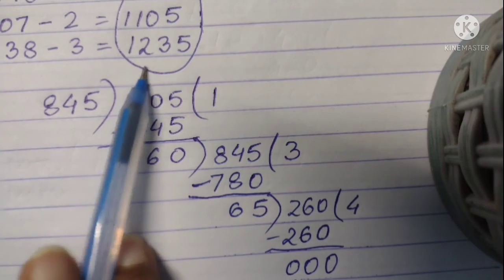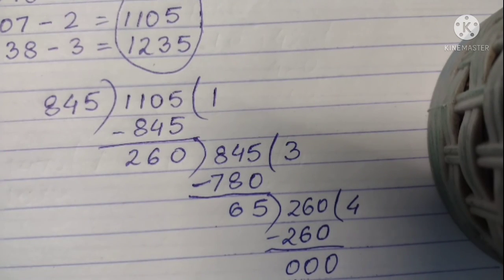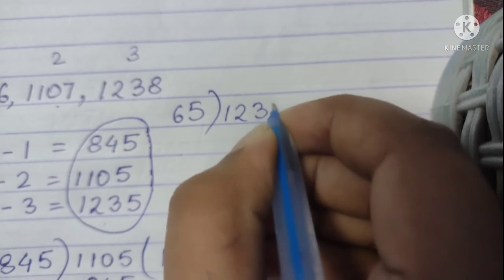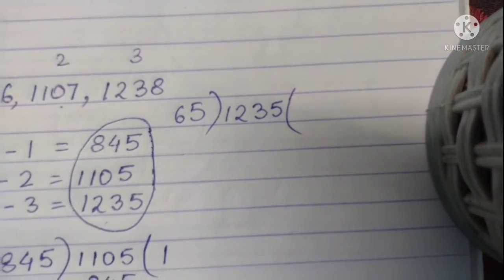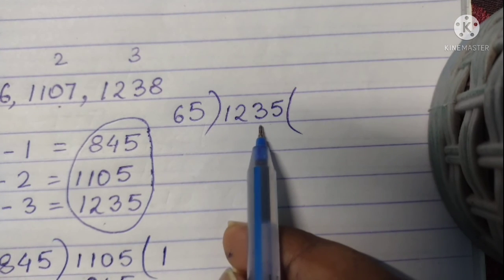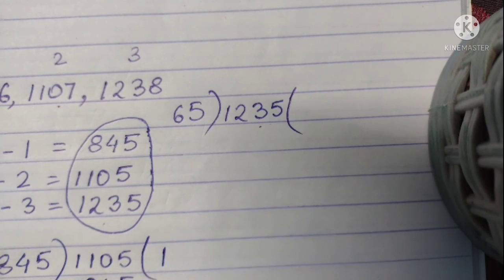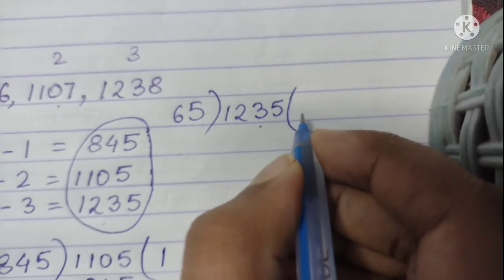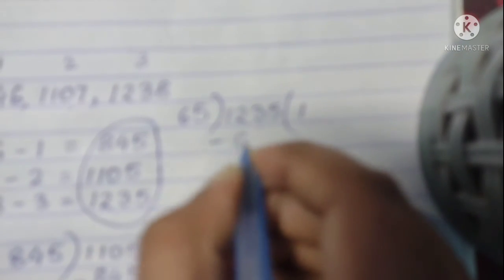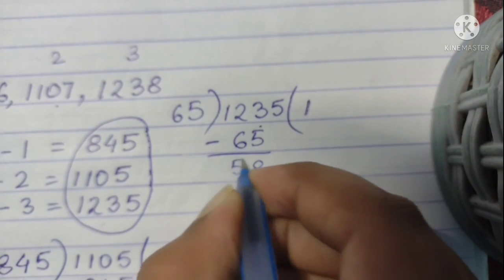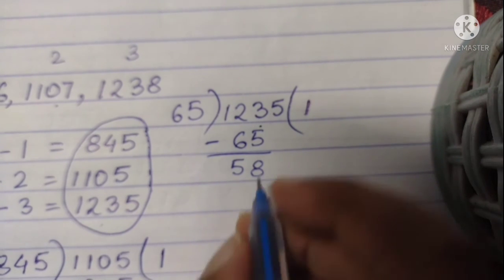So now we will divide 1235 by 65. Let's divide. Now you will only take 123. So first of all you will divide 123 by 65. So 65 into 1 is 65. 58 is the remainder.